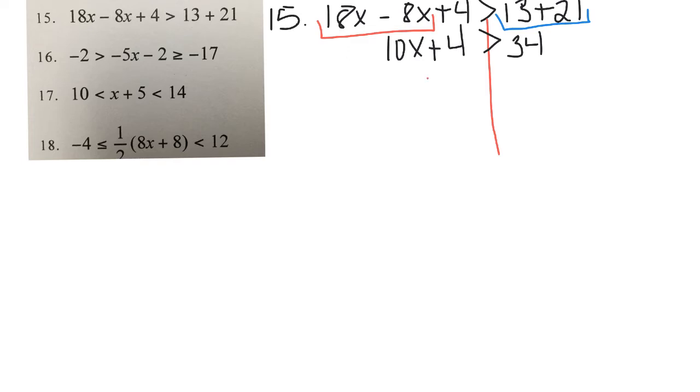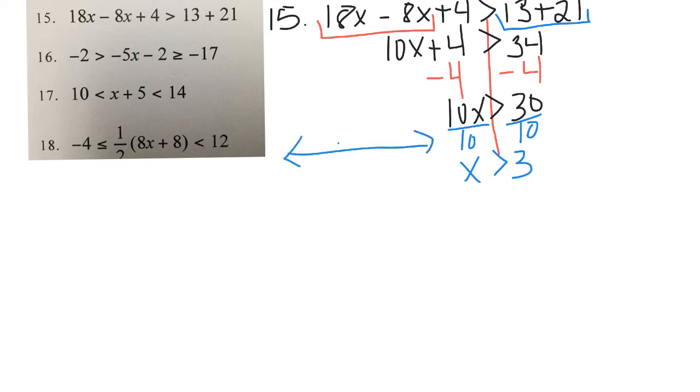We're going to subtract our 4 from both sides. We get 10x is greater than 30. 10x means 10 times x, so we're going to do division, the inverse operation, and x is greater than 3. We'll draw that number line over here. 0, 3, open circle because it's greater than, just not greater than or equal to, and 4, 5, and 6, that's where I'm shading, and those are greater than 3.